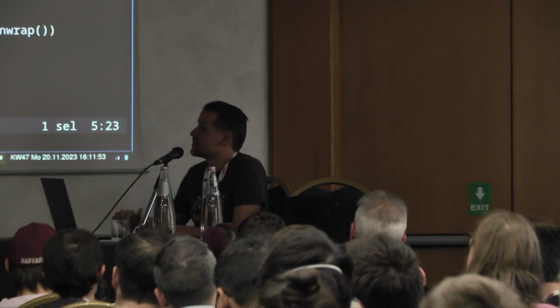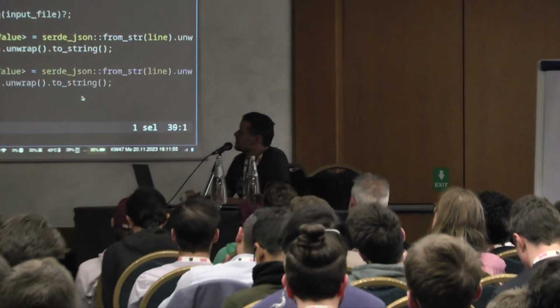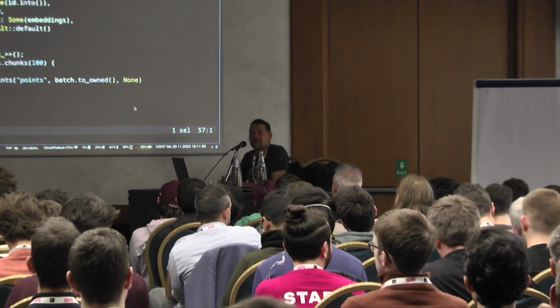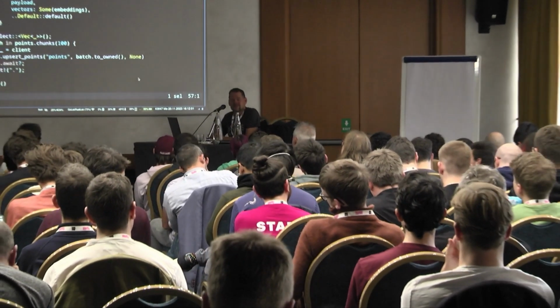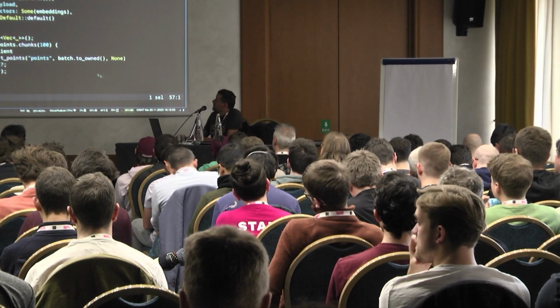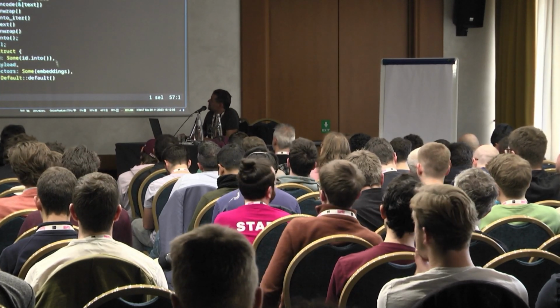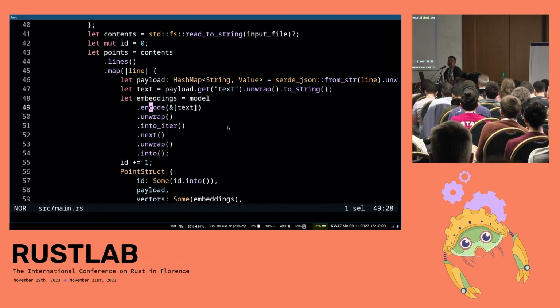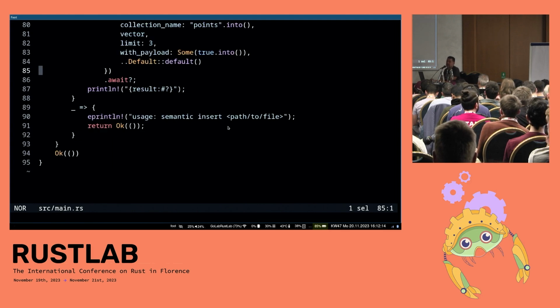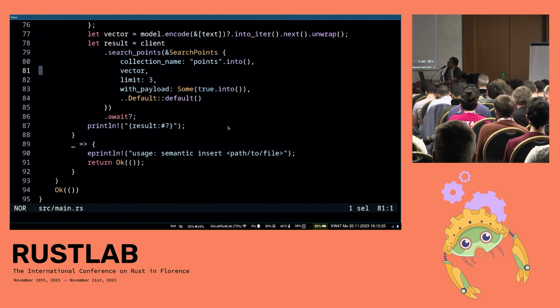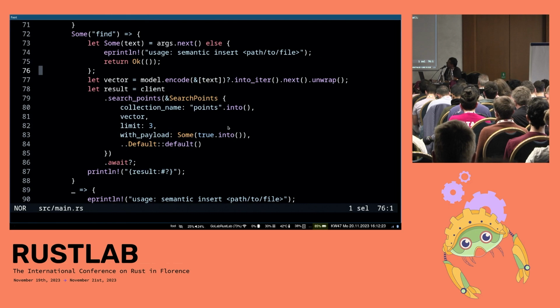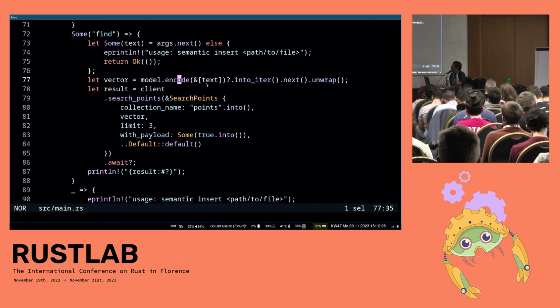So when you do a find, does it do inference on your GPU there? Sorry, I didn't quite get this. Like you need to embed your strings that you're going to find. Yeah, this is what the encode method does. Here. So it's using PyTorch under the hood for that, right? Yeah, the TCH crate calls directly into libtorch, so it doesn't use Python, but basically it's the same thing. I was wondering, what's the performance of that? How scalable is that?